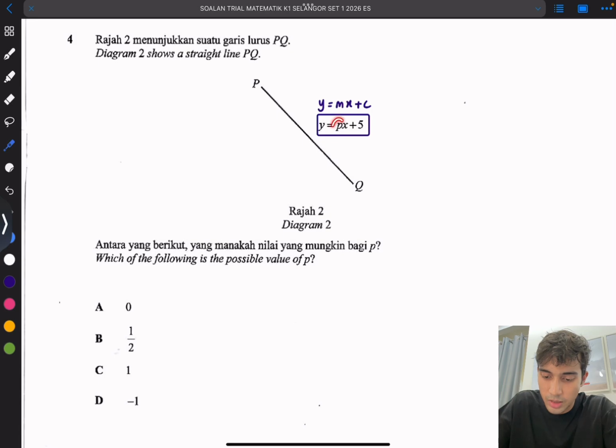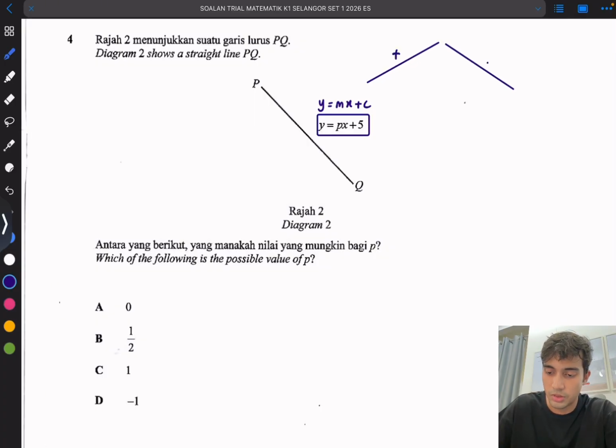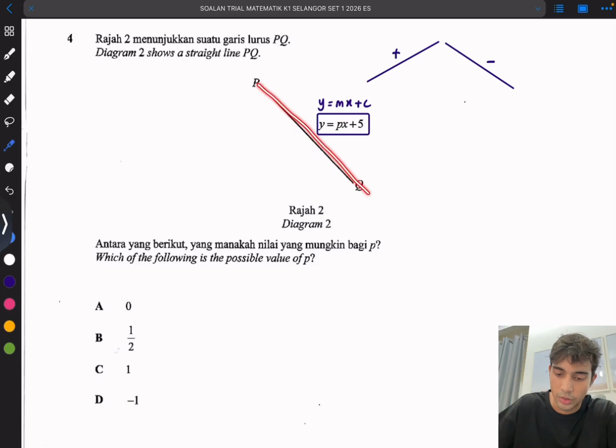Okay. p here represents our gradient. So our gradient here going down means gradient must be negative. If the gradient is going up, gradient is positive. Going down, negative. So since here it is going down, p has to be a negative number. So the only possible answer is D.